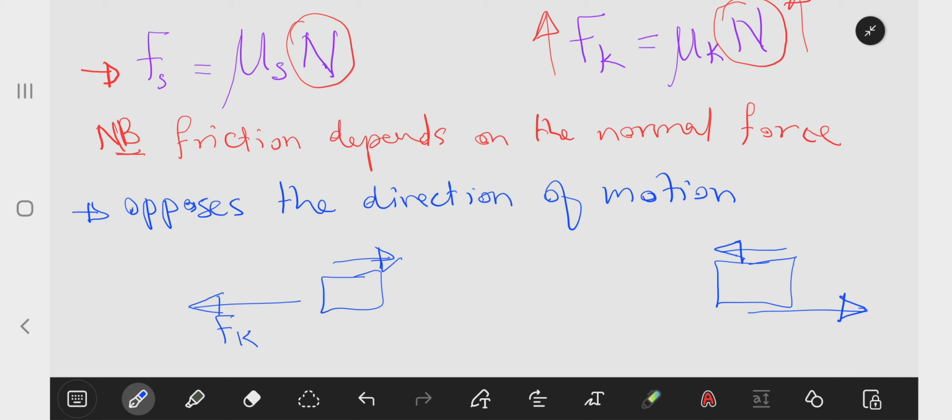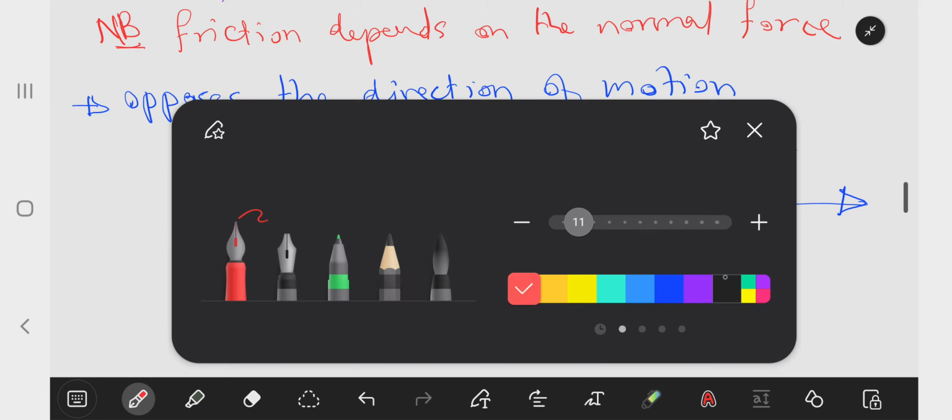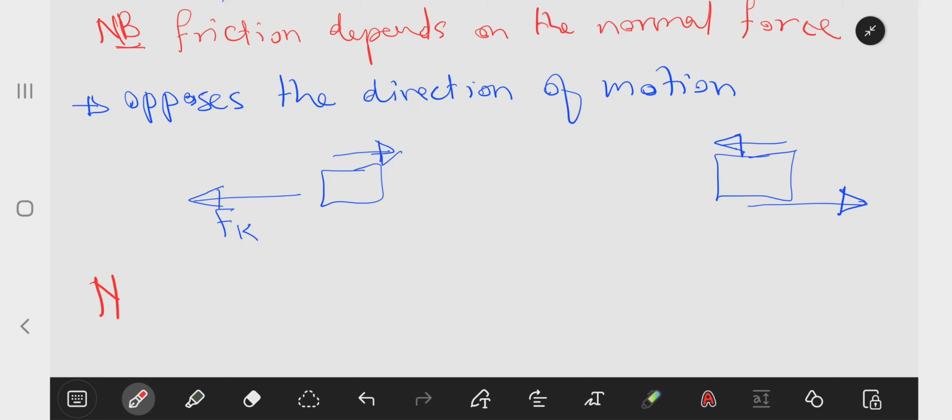So for you to get the direction, you need to identify where the object is going.